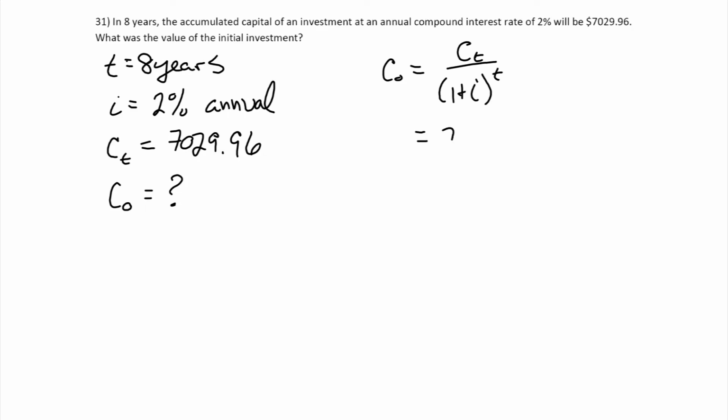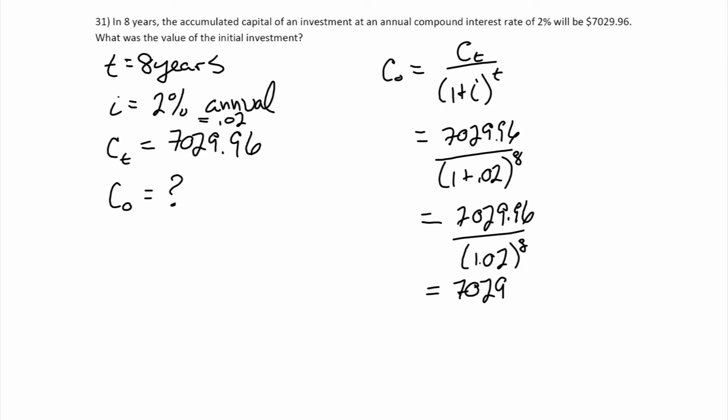Substituting in our numbers, 7,029.96 divided by 1 plus I. I forgot to do my 0.02, so I divided that by 100 to get 0.02, to the exponent t, which is 8 years. Confirm we've got years and annual, so we're in the same units there for our term and our interest rate.